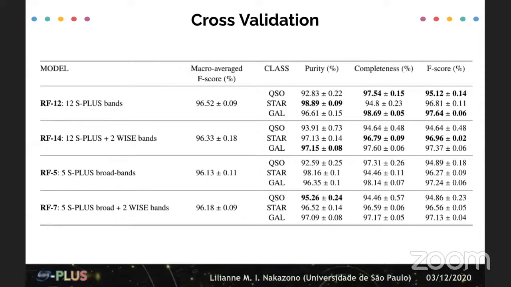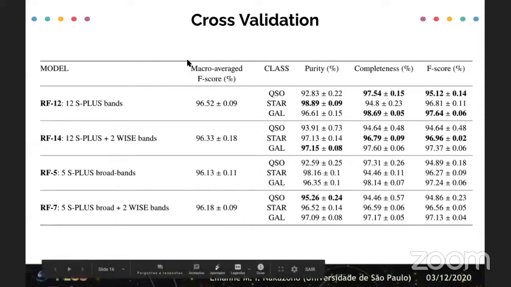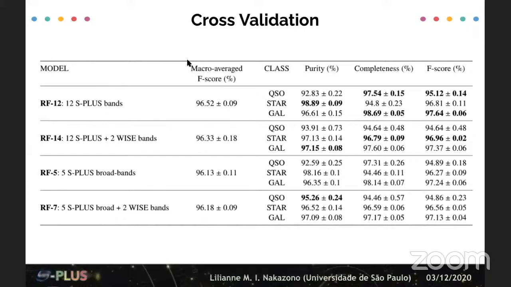And the macro average F-score is the mean of the F-scores, so it gives an overall performance, let's say. For a better view, I highlight the best performances for each class. But we have to pay attention to the error bars because they can be statistically the same as another model.